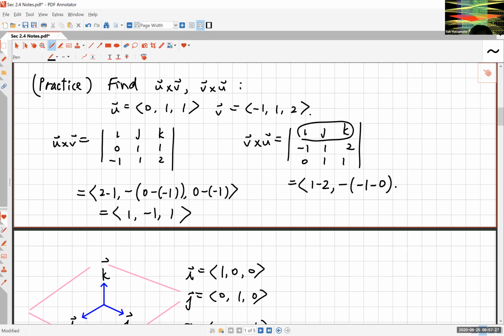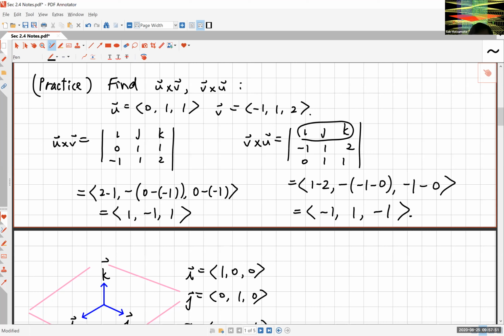Because 2 times 0 is 0, right? Remember, you have the negative sign because it's the second coordinate. The last one is negative 1 times 1, that's negative 1, minus 2 times 0, which is 0. So the answer to this question, V cross U, should be negative 1 and negative of negative 1, which is positive 1, and then negative 1.